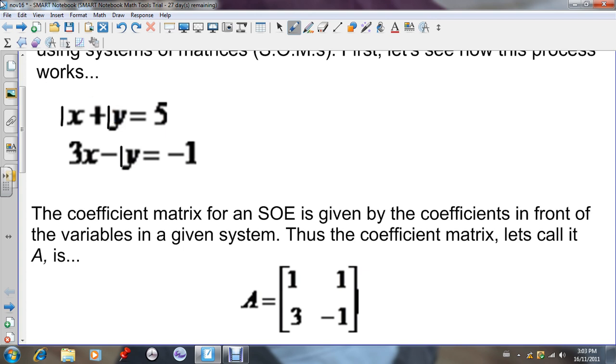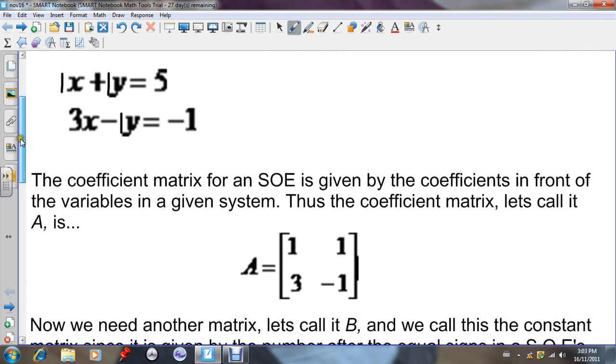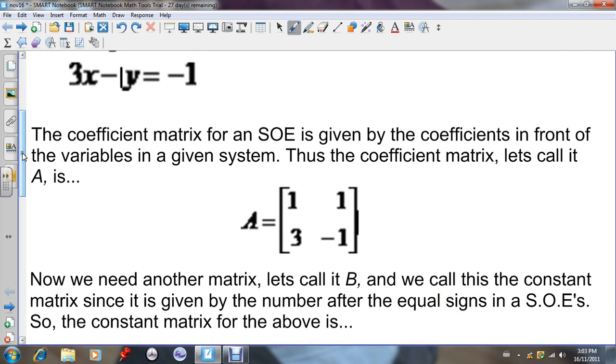Okay? Now, coefficient matrix, simple idea. We need another matrix. Let's call it B. We're going to call this the constant matrix, okay? Since it is given by the number after the equal signs in a system of equations. Sorry, Nick, apostrophe.